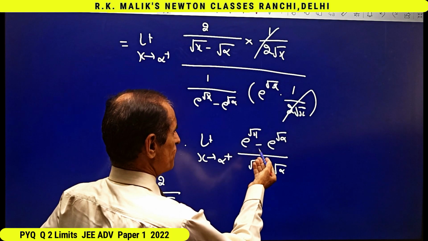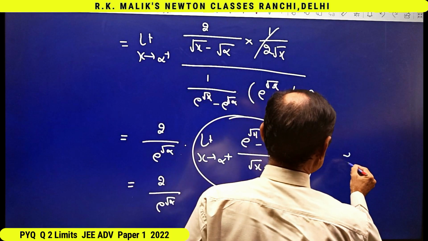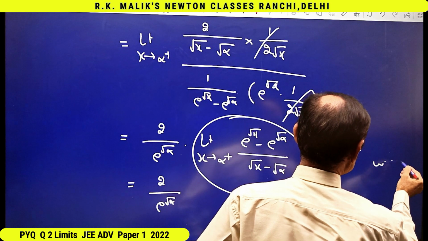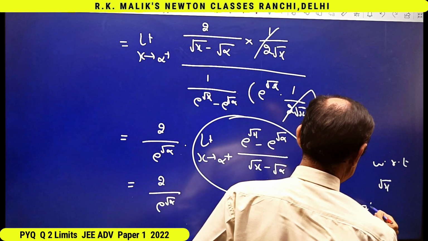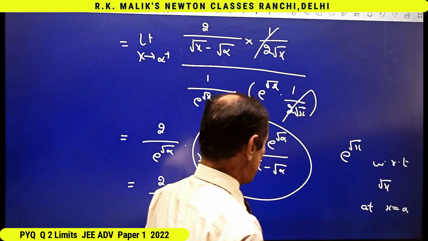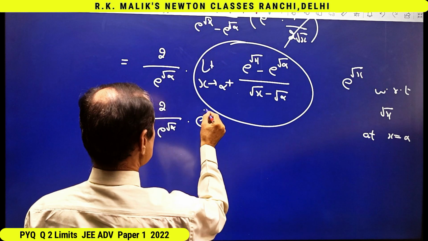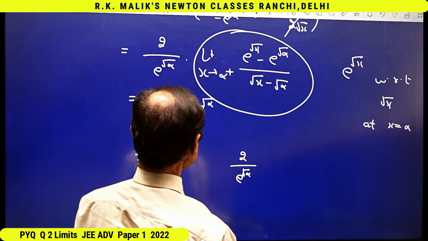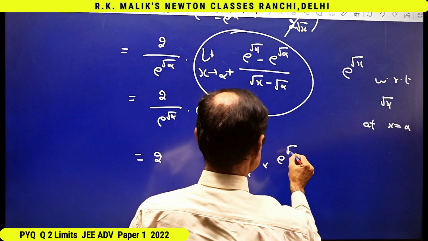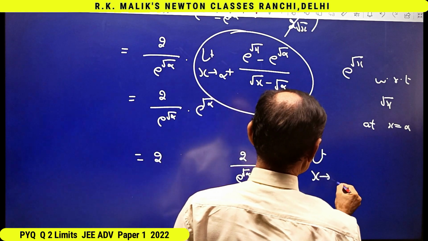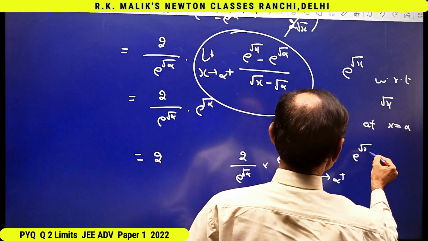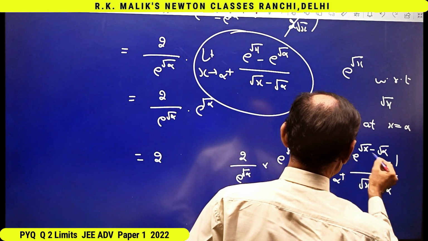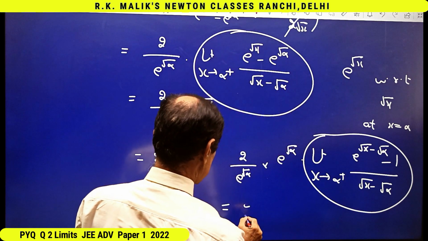Otherwise, if you see carefully, this is the derivative of e to power root x with respect to root x at x equal to alpha, and therefore the value of this becomes e to power root alpha, that is 2 e to power root alpha into e to power root alpha into limit x tends to alpha plus e to power root x minus root alpha minus 1 upon root x minus root alpha, and the value of this is clearly 1, therefore the answer is 2.